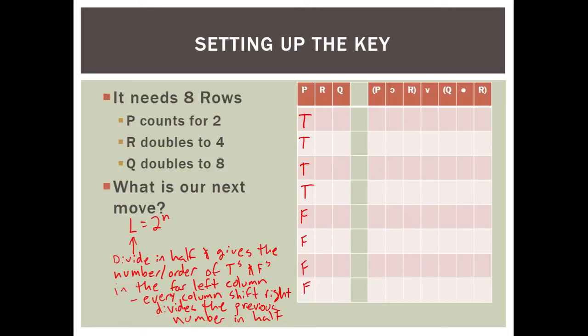Going to R, you divide the previous number in half, and that's going to take you to 2 and 2. True, true, and then you go false, false. True, true. False, false. You shift to the right one more to Q. That divides the previous number in half. 2 gets divided in half. Now we're at 1. True, false. True, false. True, false. True, false.